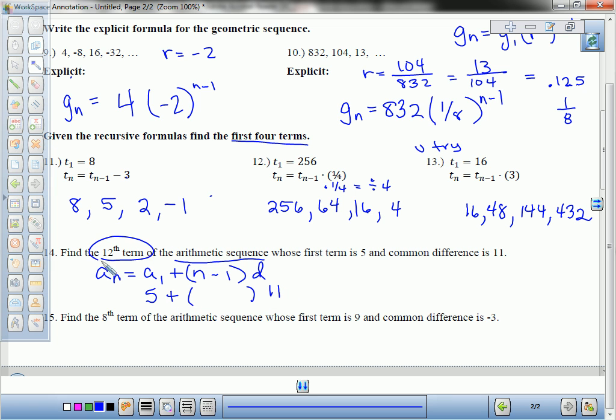And it asks us to find the 12th term. So where does 12 go? N. So the 12th term is, that's what this means, A sub 12. The 12th term is 11 times 11 is 121, plus 5 is 126.